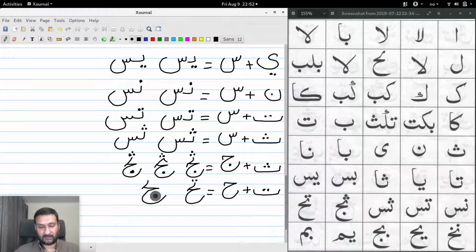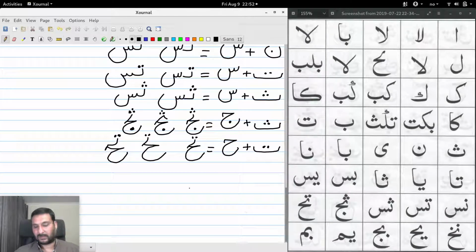And I know it's ha because it's completely empty without any dots, and the two dots belong here, which is actually the dots for ta. So this is ta and ha. You can write it like so as well, the first part of ta and join it with ha like so. This is also a way, but all of these are just different ways of writing. So this was ta and ha.